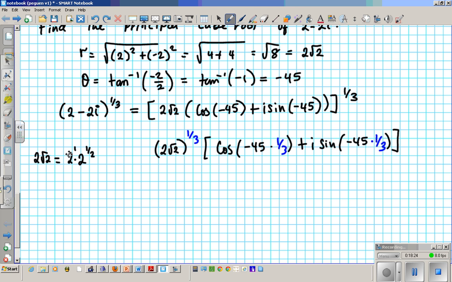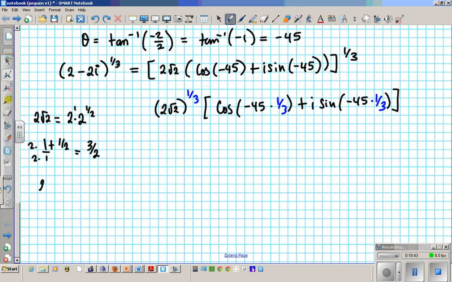So what is 1 plus 1/2? It's 3 over 2. So 2 root 2 is the same thing as 2 raised to the 3/2 power. Exactly the same thing. So I can replace 2 root 2 with 2 to the 3 over 2.